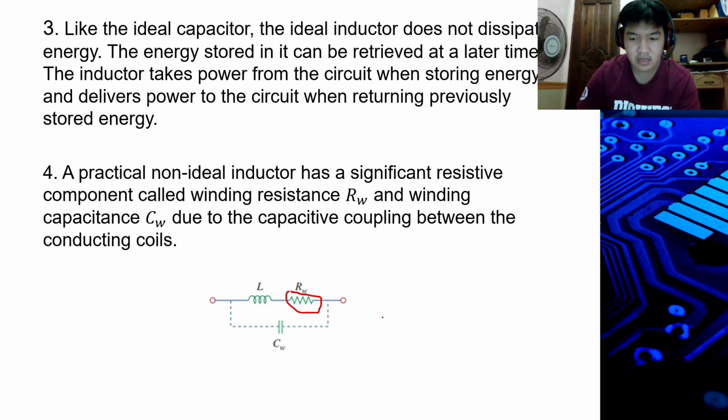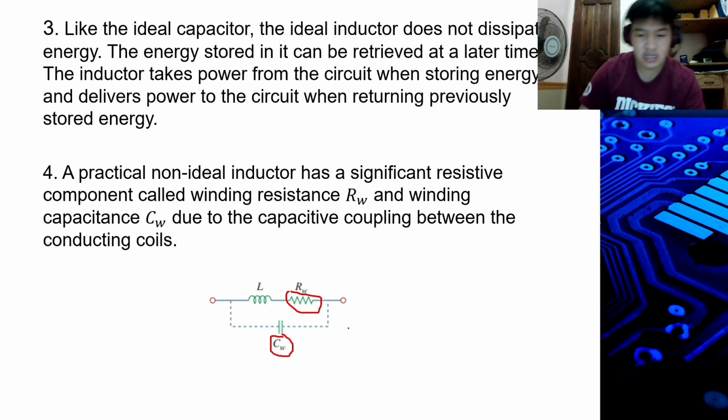Likewise, a winding capacitance will be created or developed. Just this one. And so this is the non-ideal form that we can form whenever we consider a practical inductor.